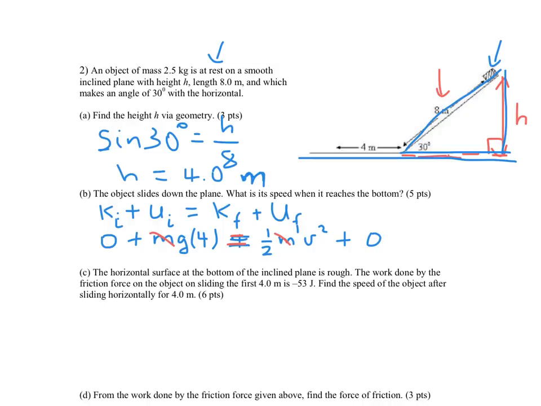That's how I cancel them. And if I multiply both sides by 2, I will get v squared is equal to 8g. So v would be the square root of 8g, and if you were to go work it out, you would get an answer that is equal to 8.9 meters per second.